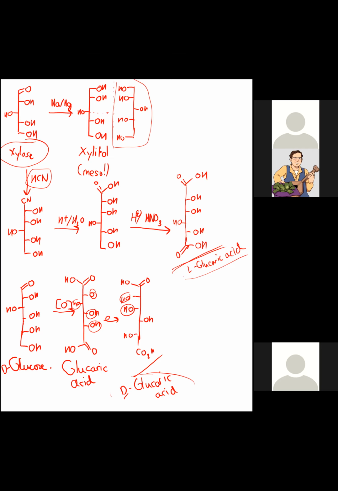And we know that xylose itself, if we reduce it down, makes a meso compound. So this was really all the information that he had to try and figure out what the stereochemistry of these guys was.